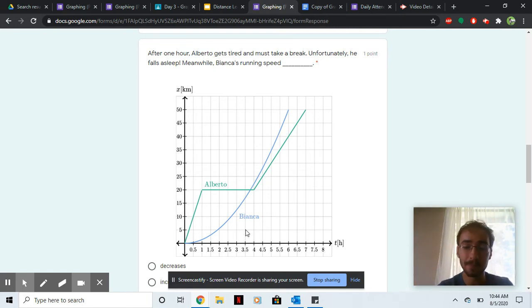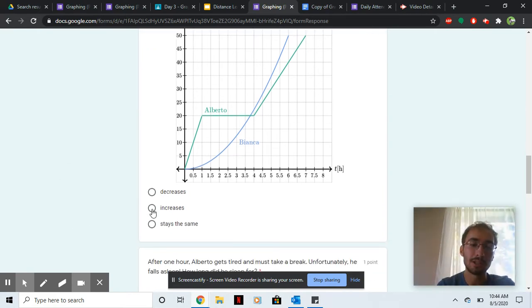Increasing, it goes up. And if it's a straight line, that would be maintaining the same speed. But Bianca's line constantly is getting larger and larger vertically. It keeps increasing and going up, curving up. So she is getting faster as the time goes on.